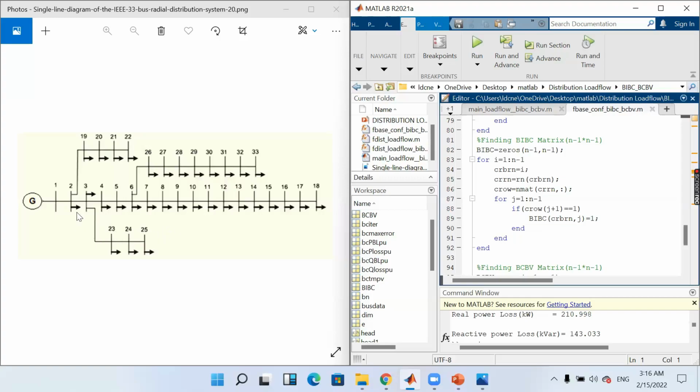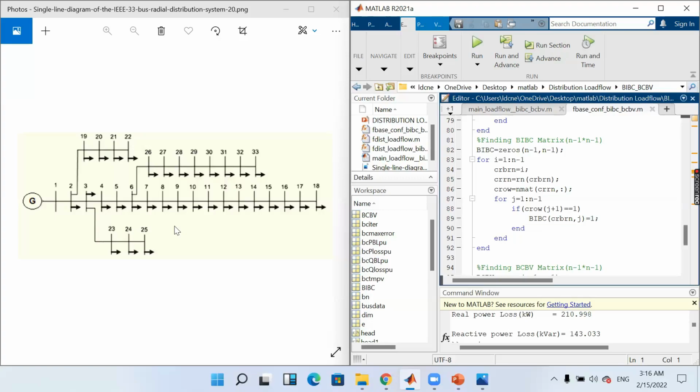As we know, the power flowing through bus 2 feeds the load of bus 2 as well as the load of all other buses except bus 1. Now here the question comes: the power flowing through bus 2 must be equal to the power flowing through branch 1.